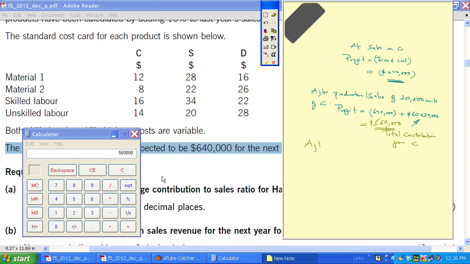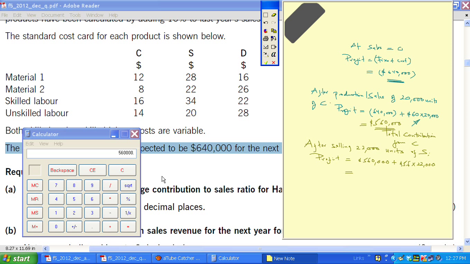Next we produce and sell S. Remember there were 22,000 units of S. Profit will be 560,000 plus the contribution from S. The unit contribution for S was 56, times 22,000.